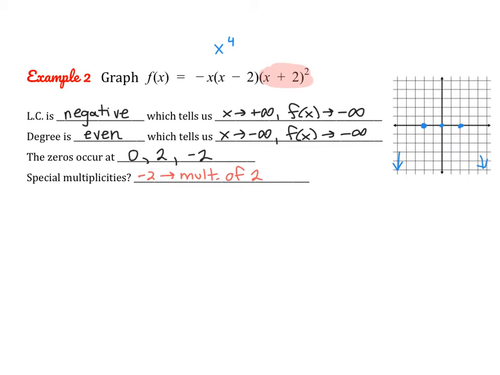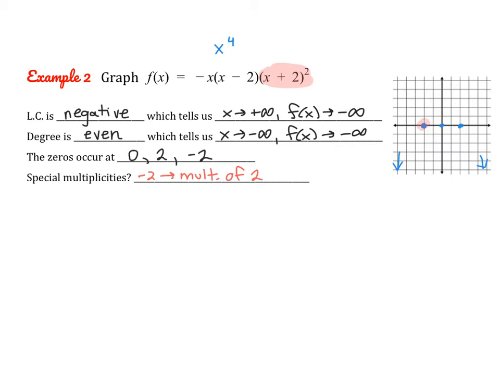So remember, if you have an even multiplicity, your graph is actually going to touch the 0, but it's going to turn around. So we need to make sure that at negative 2, we're not actually crossing over. We're going to touch and we're going to turn around. So maybe I'll highlight this point so we remember that something special is happening there.